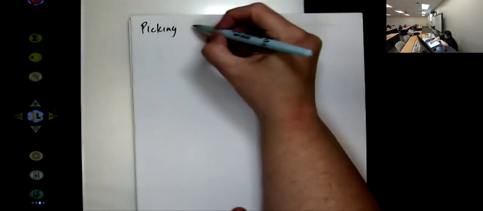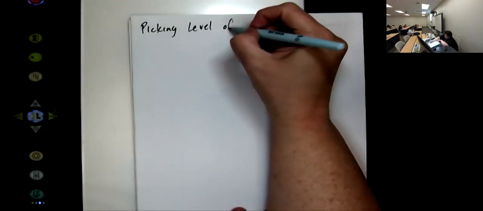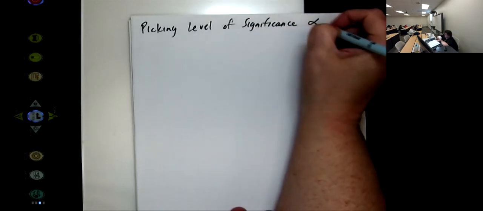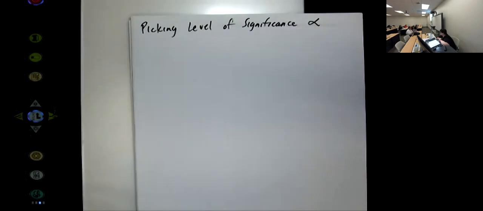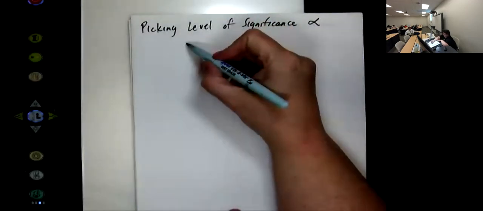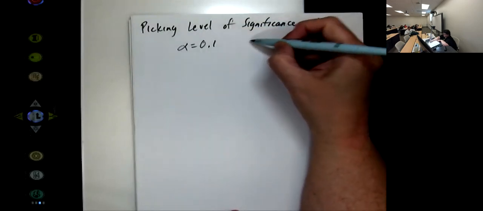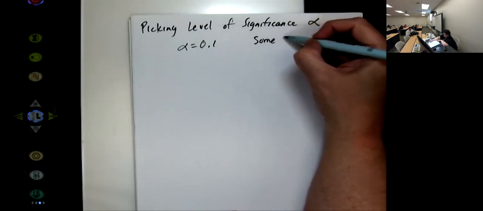All right, so how do we pick our level of significance, which is our alpha? If we go for something like alpha equals 0.1, there's some evidence against H naught.